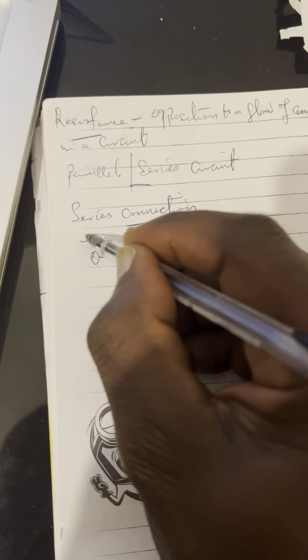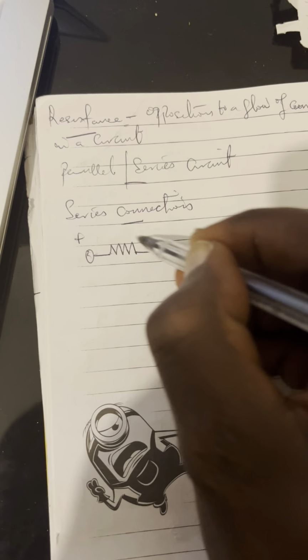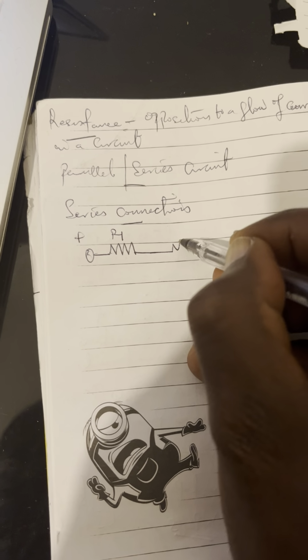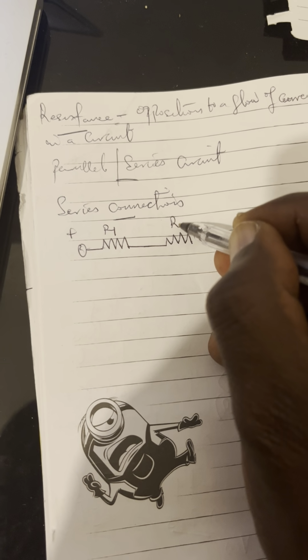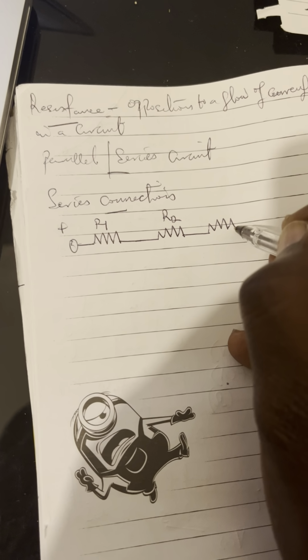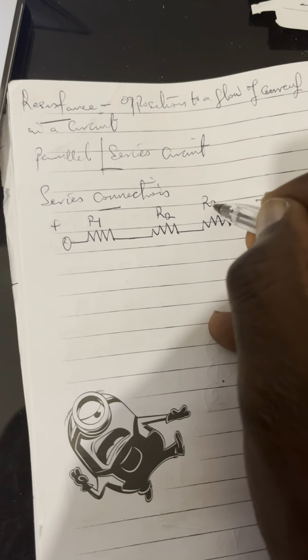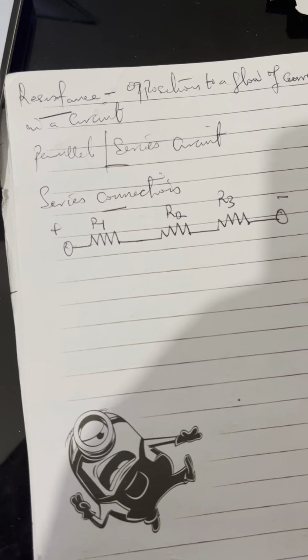So you have your resistance here. Let's call this one R1. You have another resistance here connected head to head, R2. You have another resistance here connected head to head with the third one, R3. You get what I'm saying now?